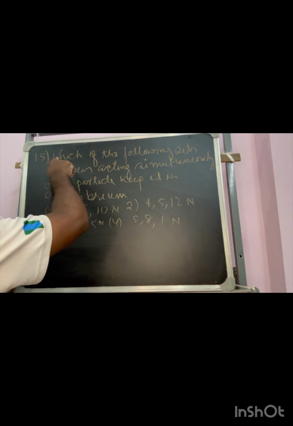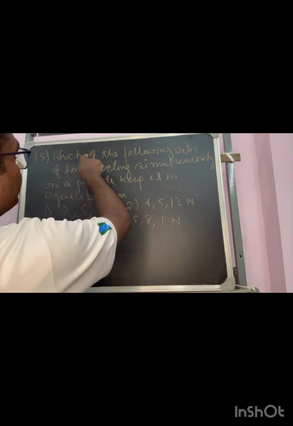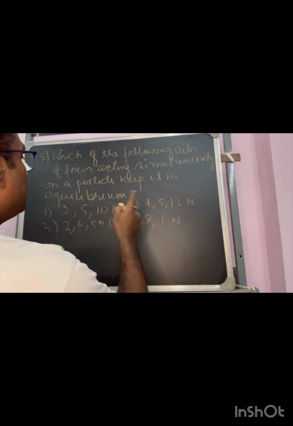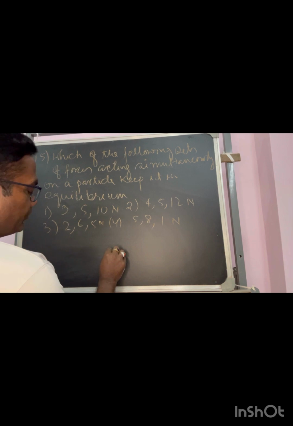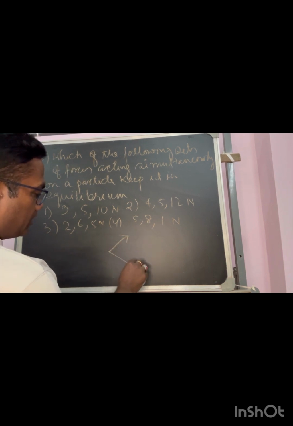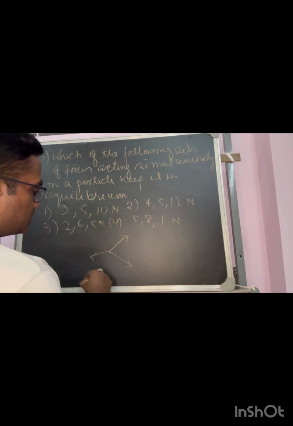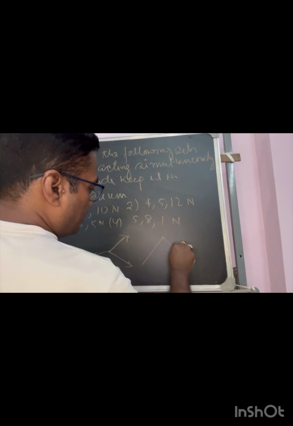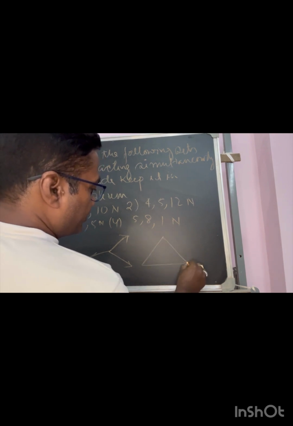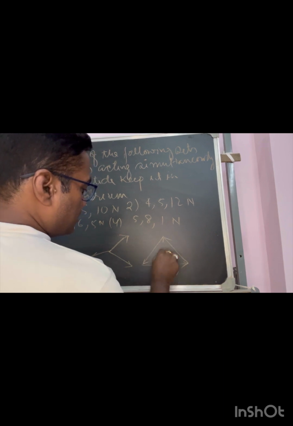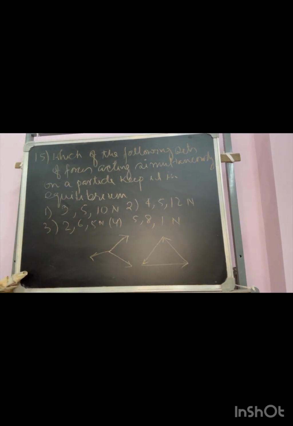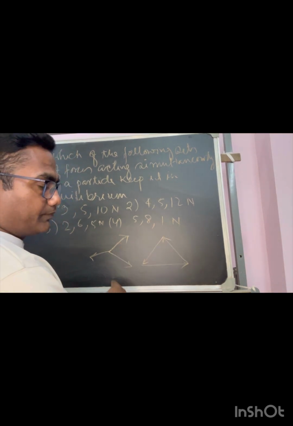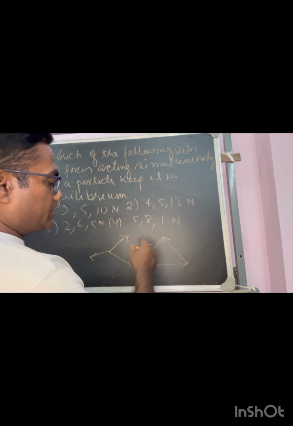Now you just read it out with me. Which of the following sets of forces acting simultaneously on a particle keep it in equilibrium? Now how to understand: if three forces are acting on a particle in different directions, these are in equilibrium only if, as we learned from the triangle law of vector addition, the three forces are represented by the three arms of a triangle in the same order or same direction.